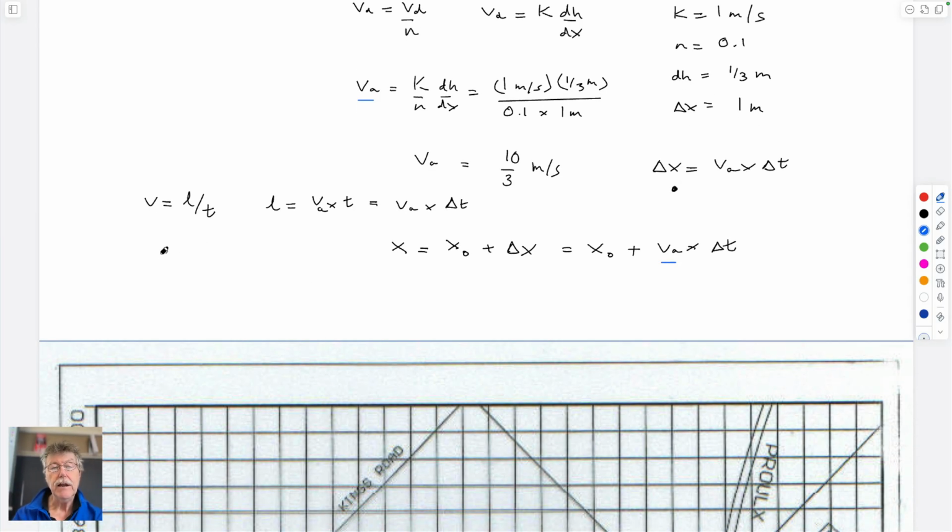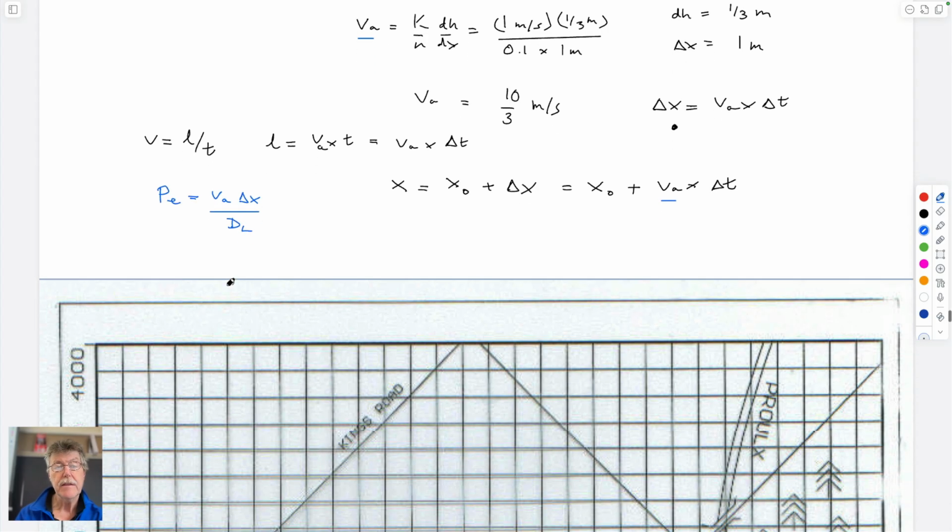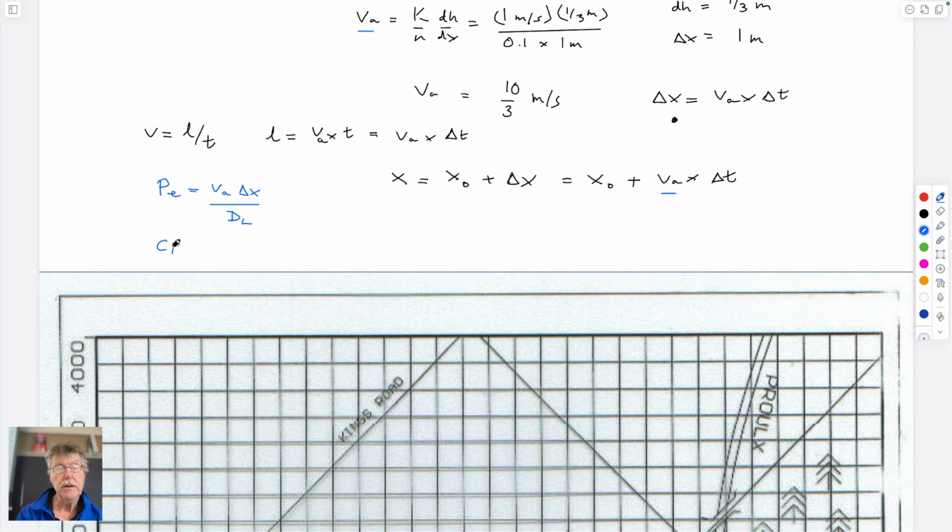And so the only other relevance of this in the other things that we've done is the Peclet number, which is the advective velocity times a length, divided by a dispersion coefficient, longitudinal dispersion. And we also defined a Courant number, which we also called a pore volume.